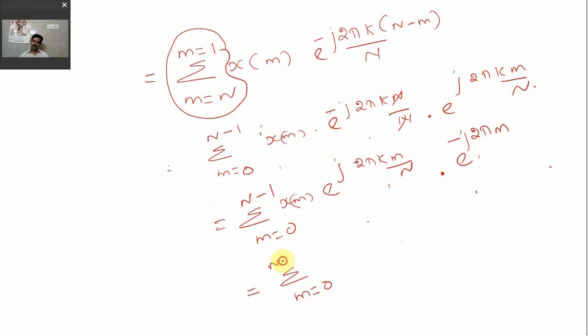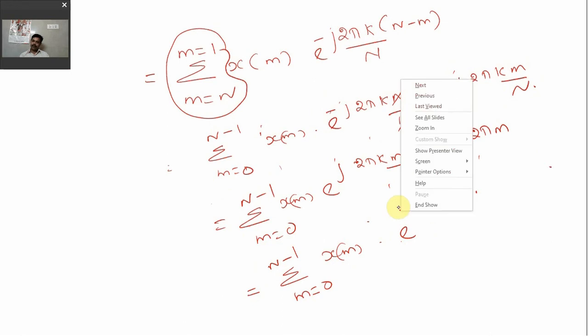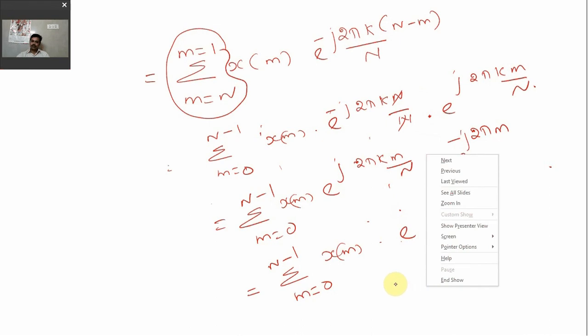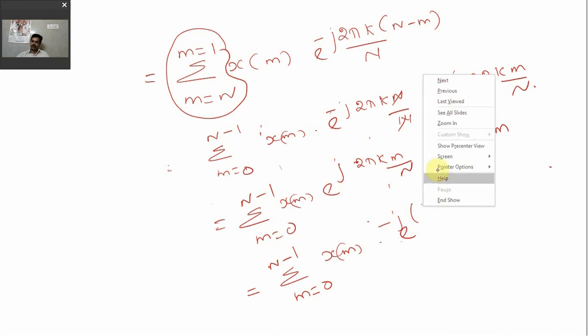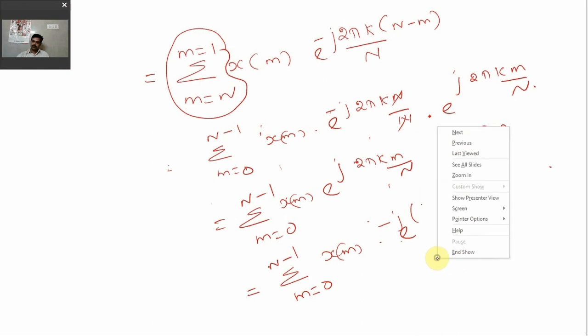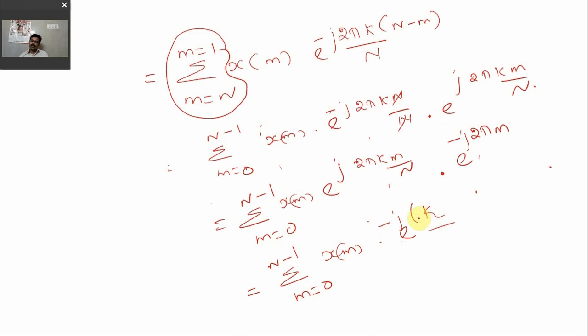So summation of m equal to 0 to N minus 1, x of m into e to the power minus j, you take minus j 2 pi m, k by N plus 1.